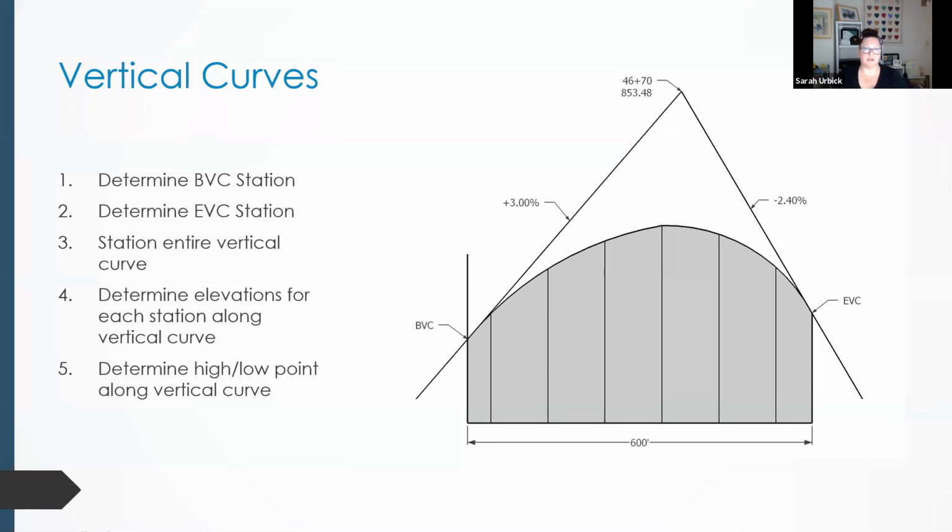What would our beginning stationing be? What would 300 feet look like expressed as a station?